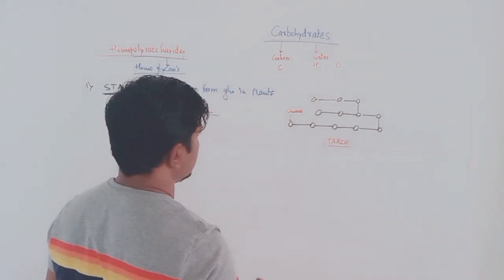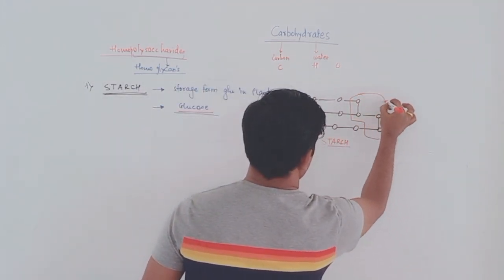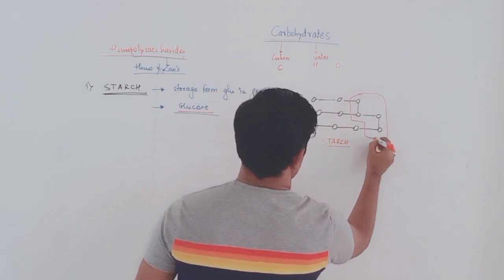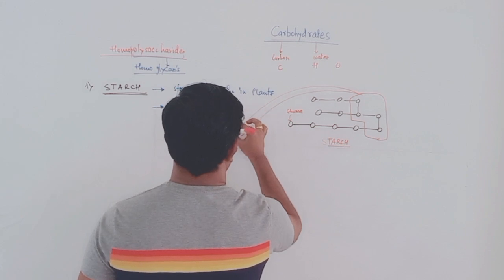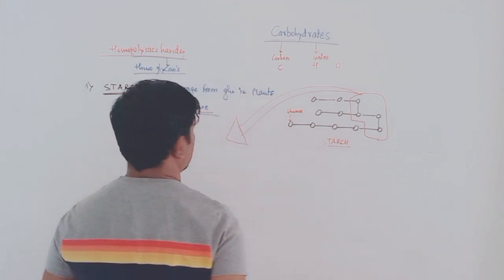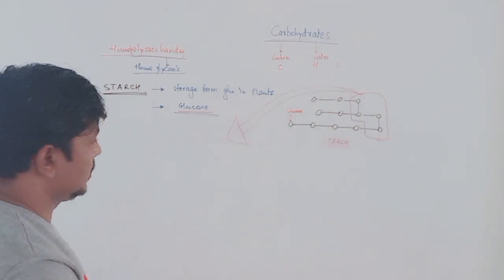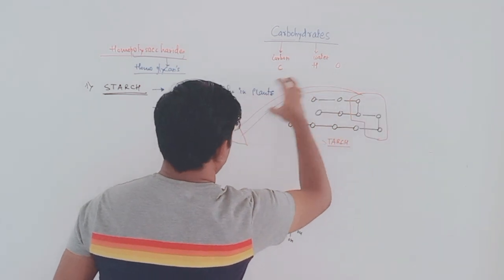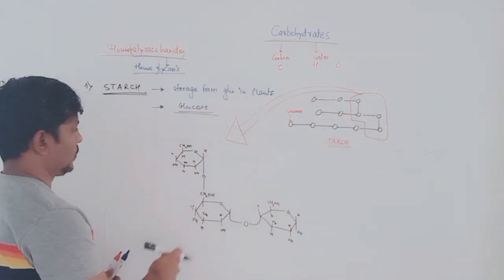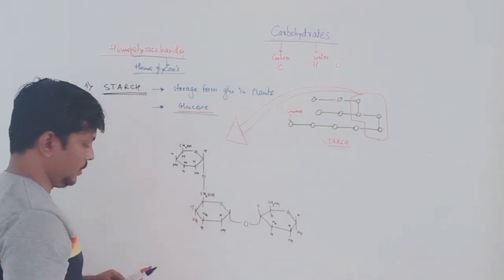Now we will zoom in on this part and see how the bond formation occurs in the starch molecule. We have zoomed into this portion of the starch molecule to understand the bond formation.